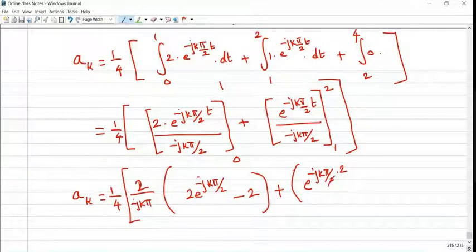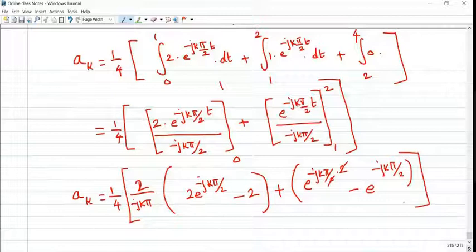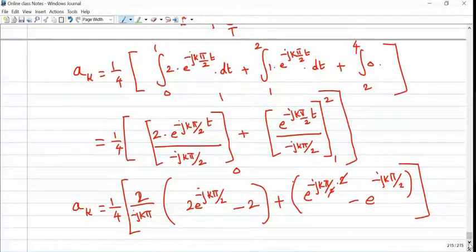So this 2 will be cancelled, and minus of e power minus jk pi by 2. Now reduce this expression in one more step.